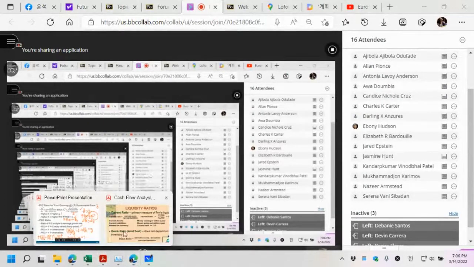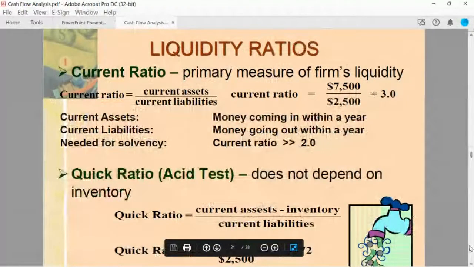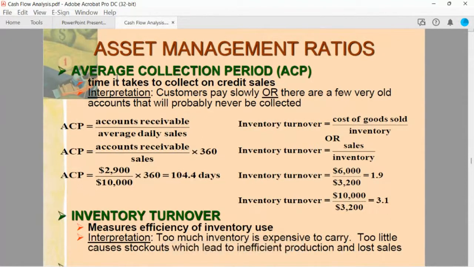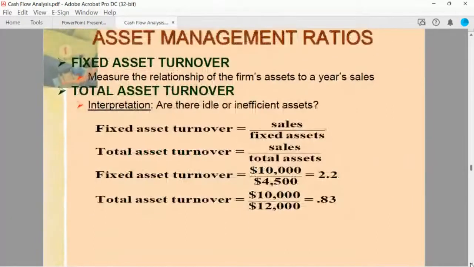But I'm also going to talk about average collection period, also called days to collection, average days to collection, or something like that. It's about accounts receivable, right? Collecting accounts receivable.